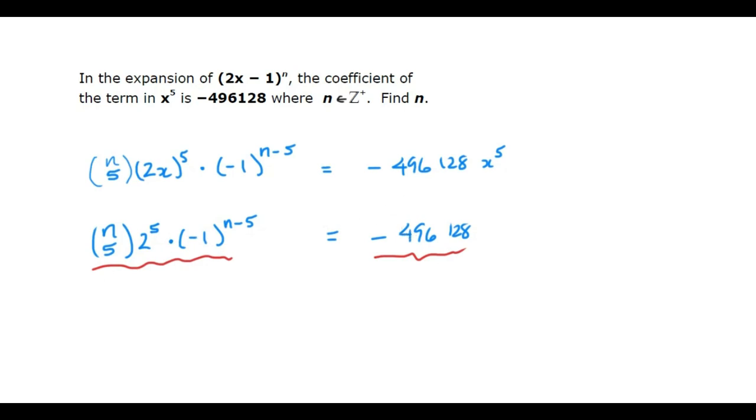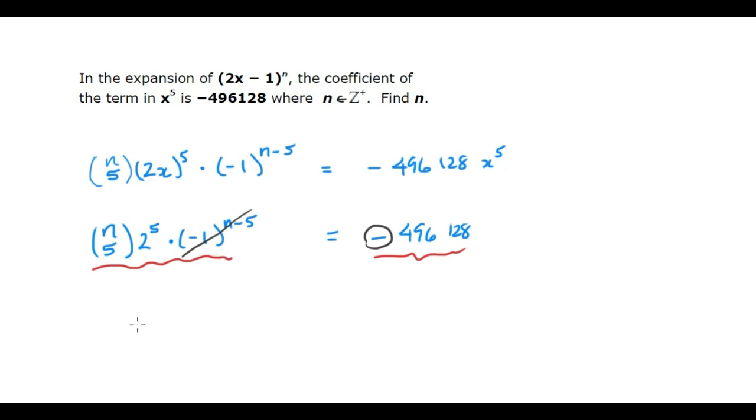You can forget it for the time being and focus. Don't worry about this negative right now, and just know that the only hope of you getting a negative coefficient depends on that last part of our expression.